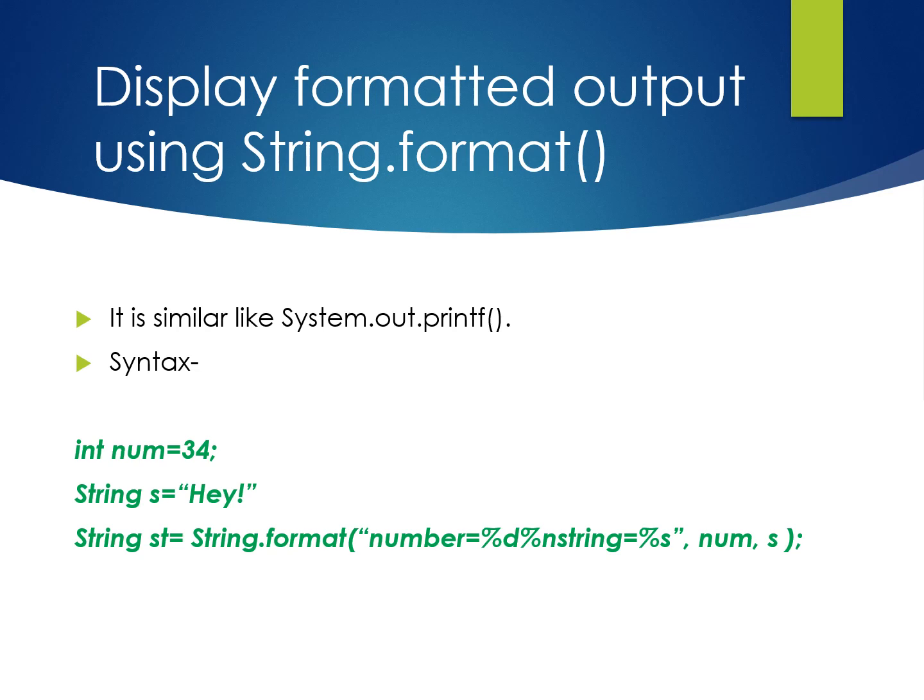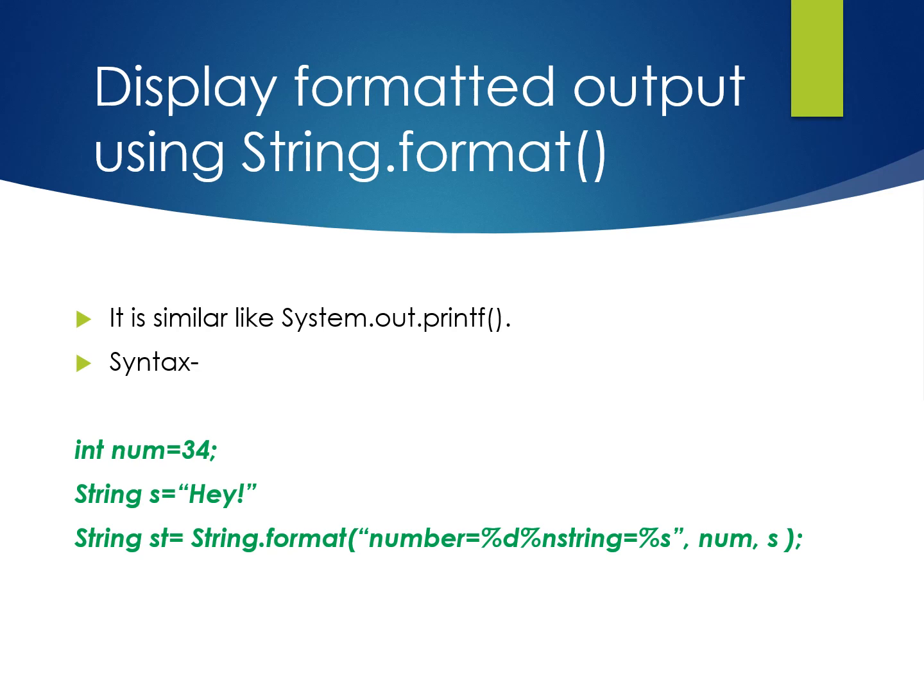We are using %d since it is an integer, %n to go to the next line, and %s as it is a string, and so we are passing num and s as the values to be placed wherever the format is described in the statement.